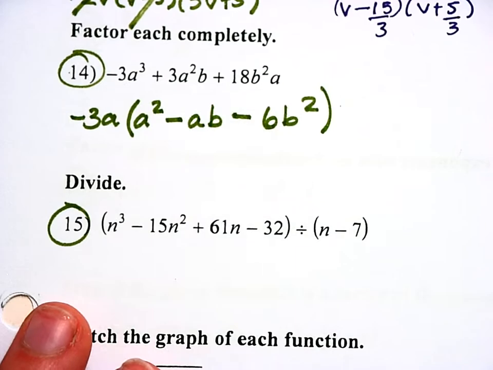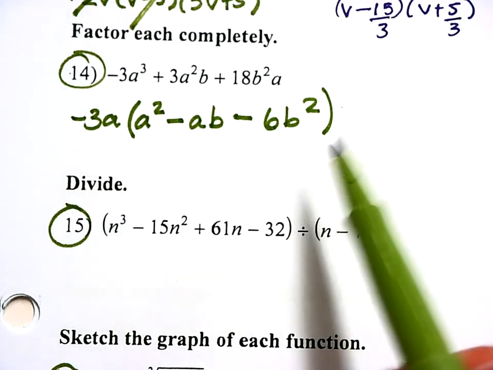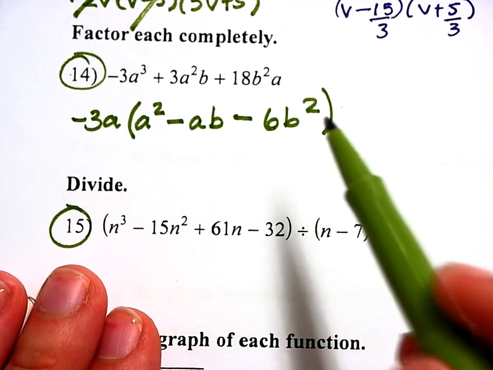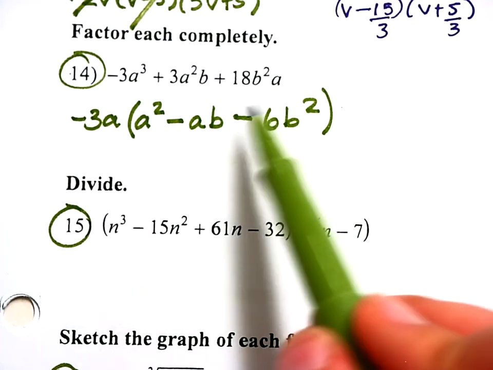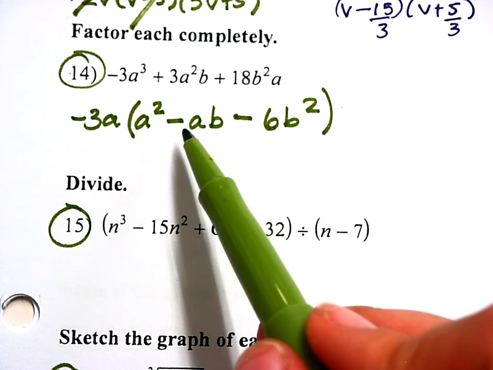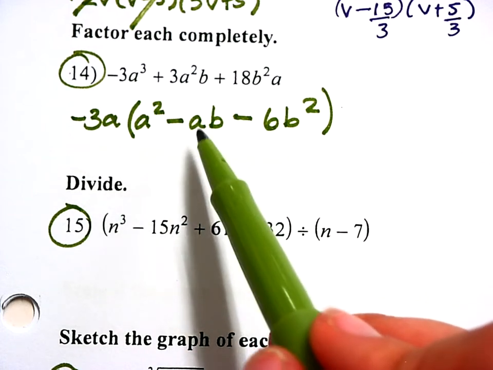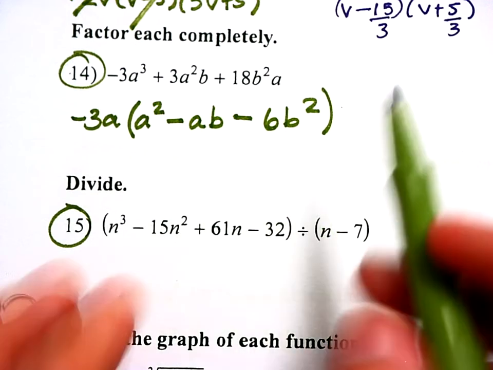Okay, now this looks just like any other trinomial, but it has variables where usually we just have numbers, but that's okay. So what we're going to do, again, is think about numbers that multiply to 6, but that are going to add up to negative 1. So I'm thinking maybe a 3 and a 2, maybe if the 3 is negative and the 2 is positive. Okay, let's try that out.